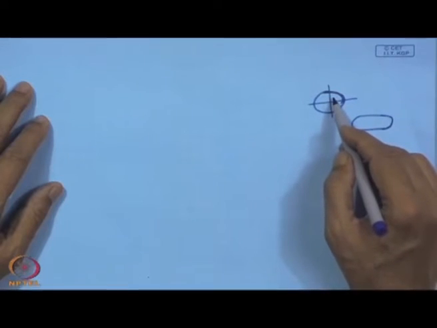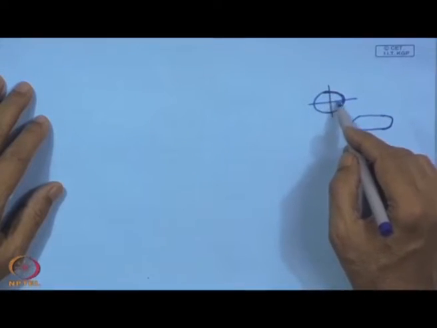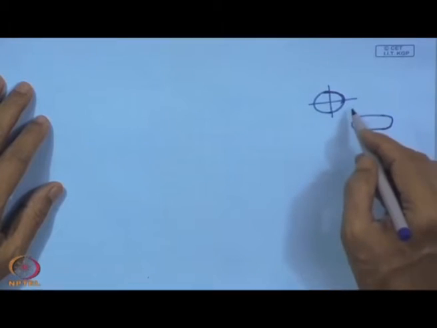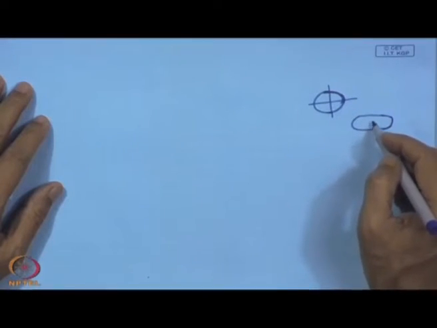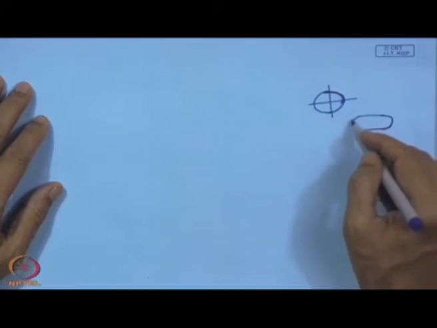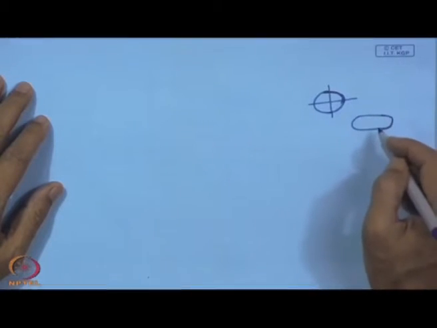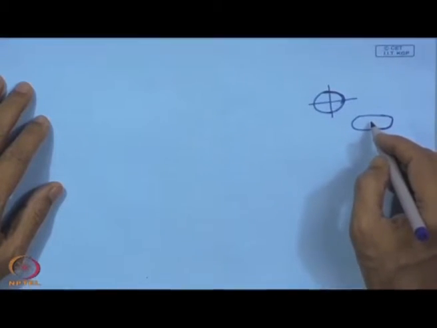So, this ellipse will either move towards a more circular form or get a flattened shape, and in that case also there will be some change in dimension.